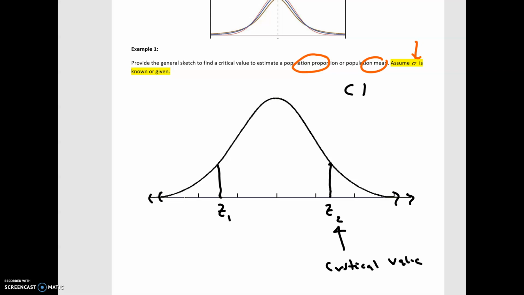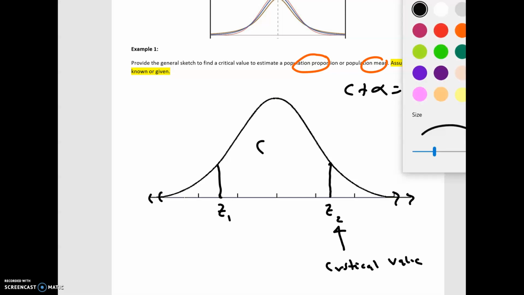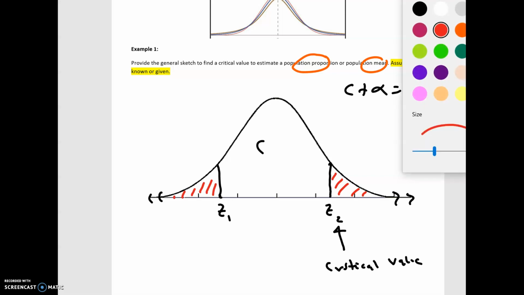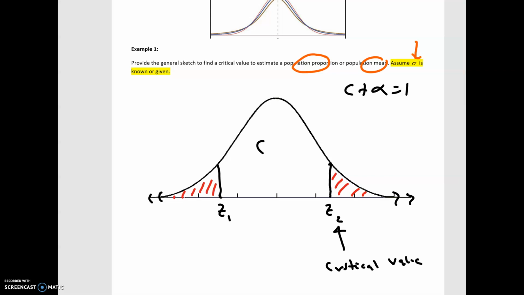So technically c plus alpha is equal to 1. This area is given as c, and the value of alpha represents the tails. So that would be alpha. For this specific section, we're going to call that alpha divided by 2, and this section is also alpha divided by 2.